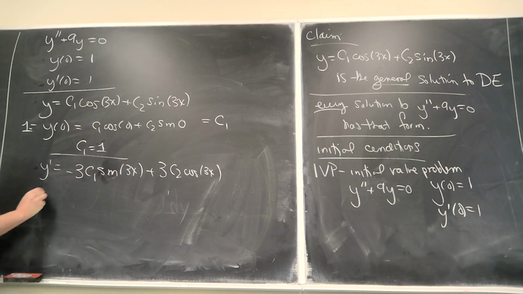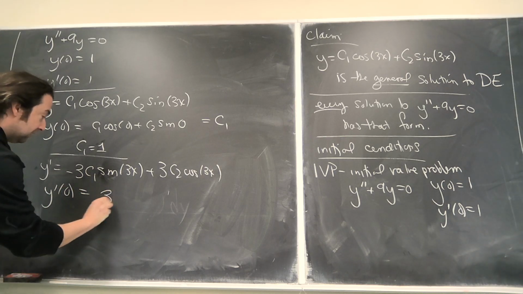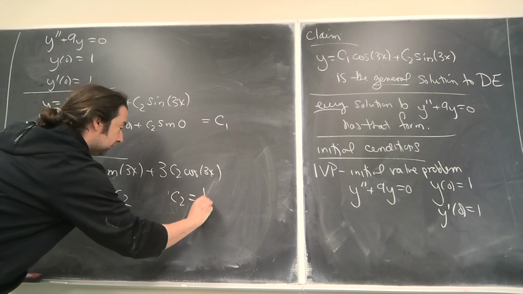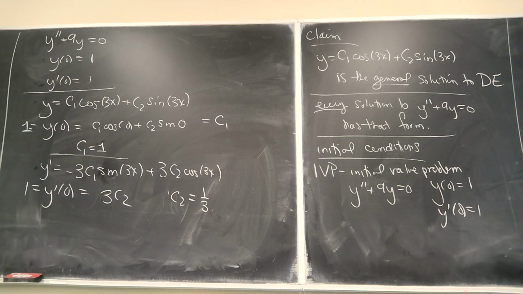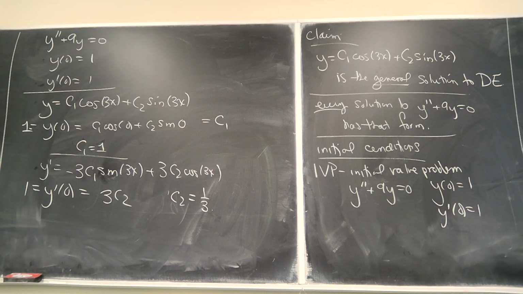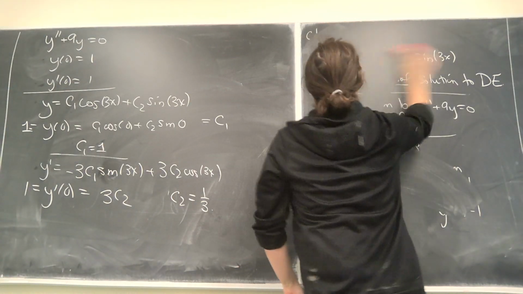If you plug that condition in, y prime of 0 will turn out to be 3c2. Oh, but y prime of 0 was supposed to be equal to 1, and that means that c2 must have been equal to 1/3. And that lets us pass from the general solution, which is all possible solutions to the differential equation, to what is called a particular solution, the specific one that meets those conditions.